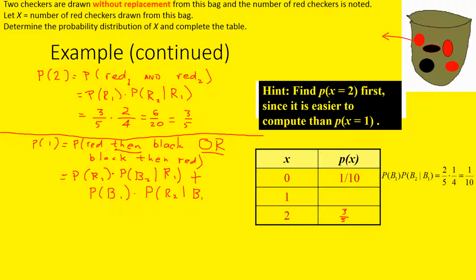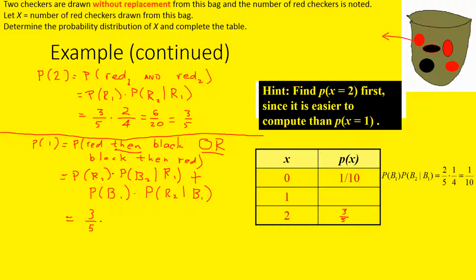That will be black then red, probability black on the first draw times probability red on the second draw, given that you had black on the first draw.